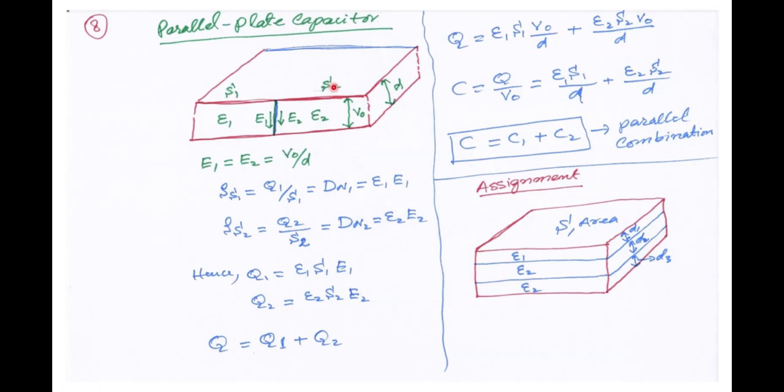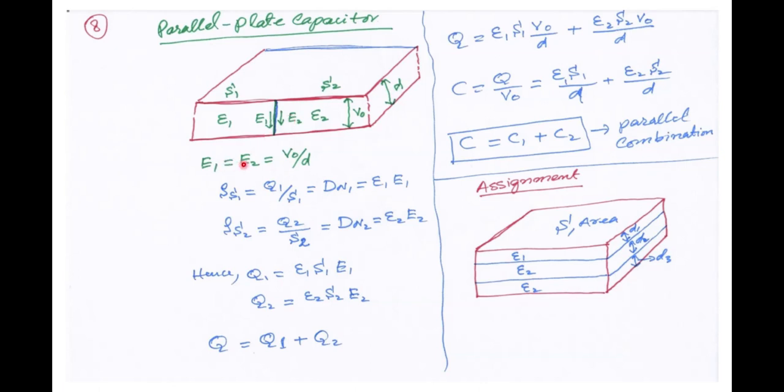So we first have to calculate the total charges on S1 and S2 using the normal boundary condition at the interface between the conductor and the dielectric material. Looking at the interface of two dielectric materials, the tangential components are continuous.